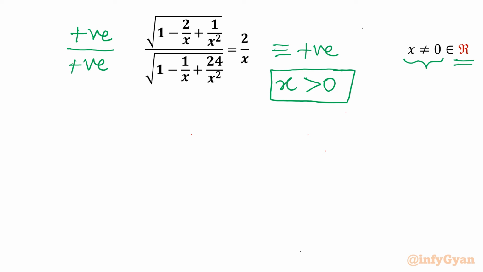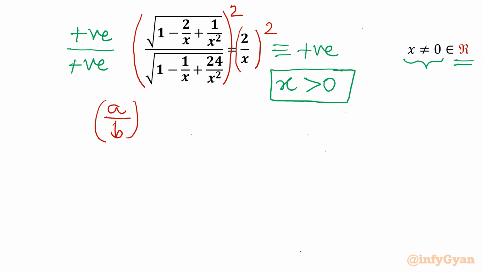Now I will consider squaring both sides. So let me write power 2 here, and the right side also power 2. Now one property of exponents: we can write (a over b) whole power n, then we can write a power n over b power n.